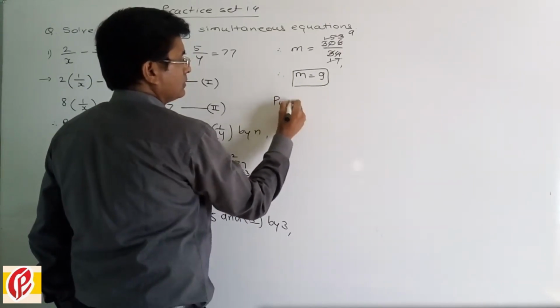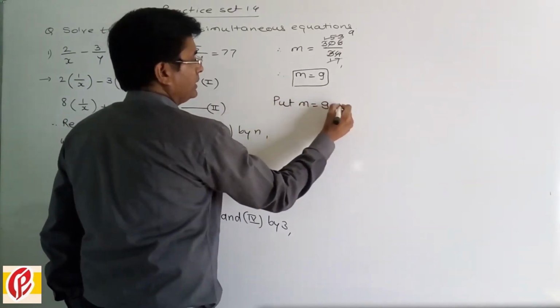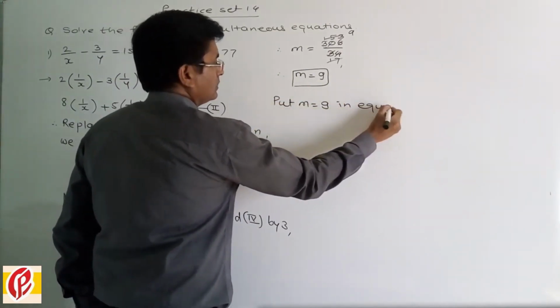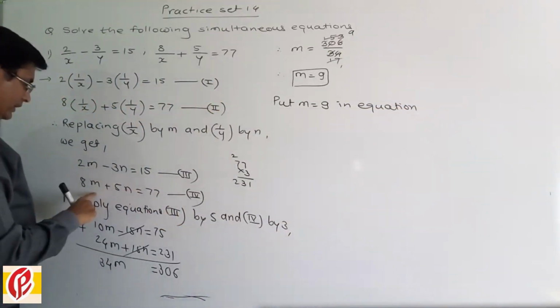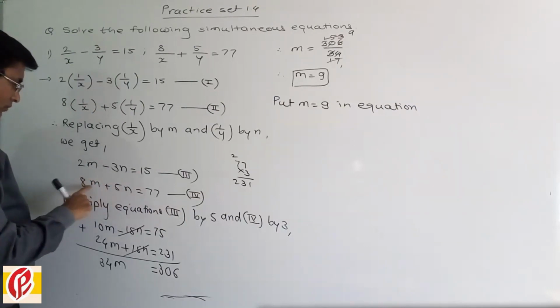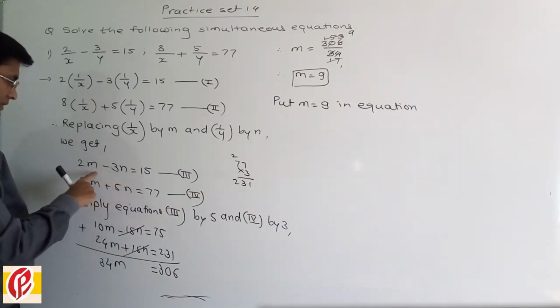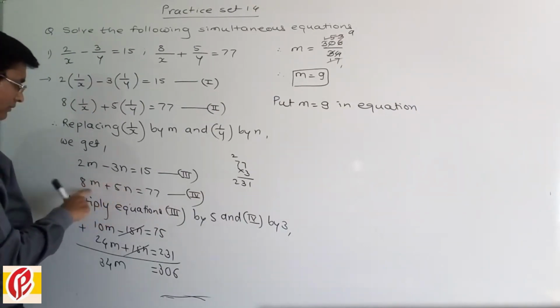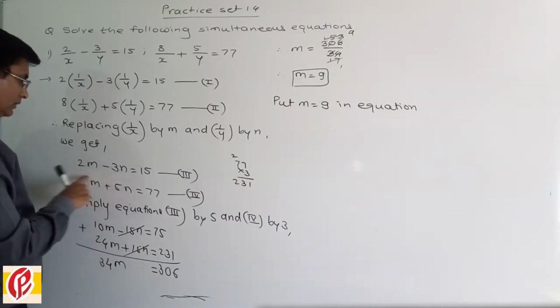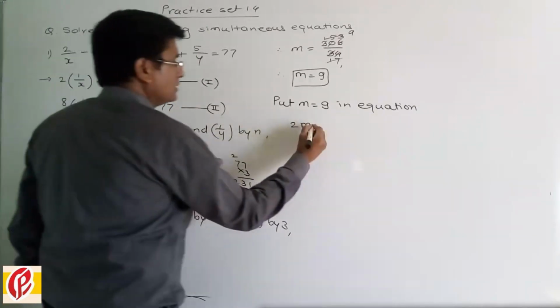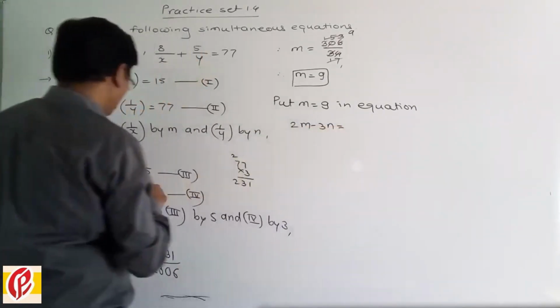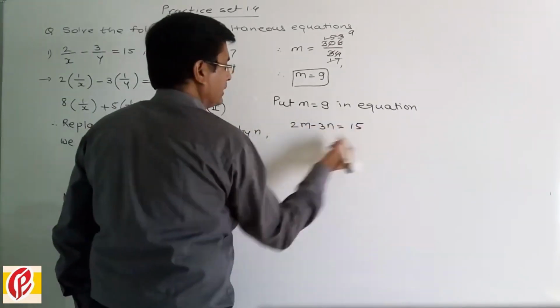So put m is equal to 9 in an equation. Which equation? Where m or n are there. I will take the simpler equation, the third one. So 2m minus 3n is equal to 15.